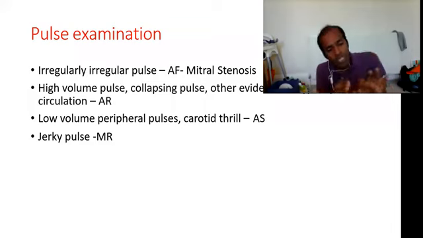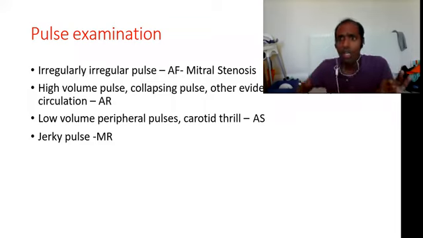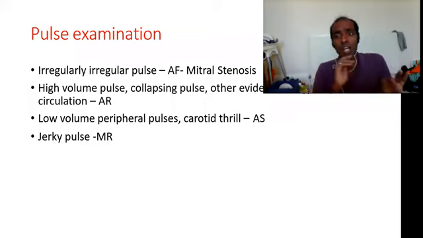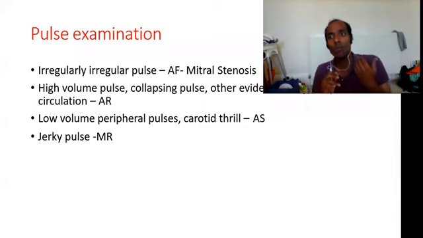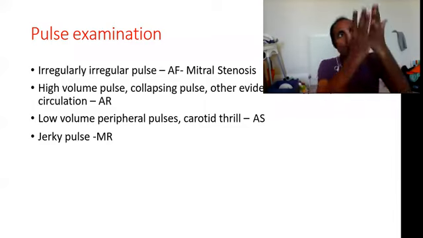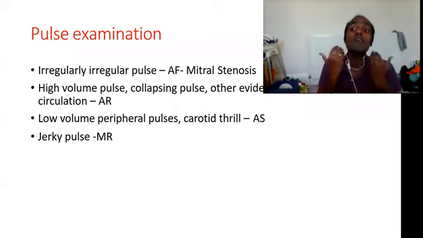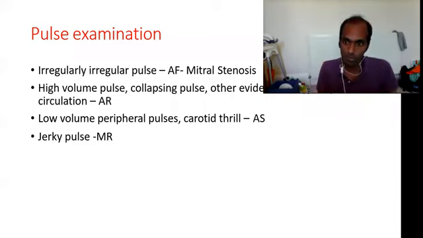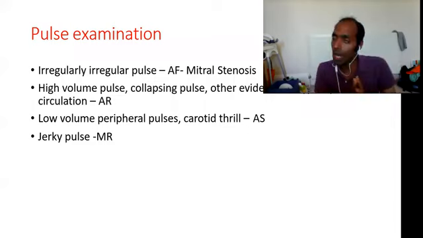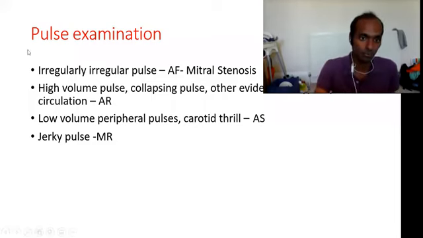In aortic stenosis, because the aortic valve is narrow, it's straining to push blood across it. So low volume pulses and a slow rising pulse. You might feel a thrill in the carotid artery. If it's a jerky pulse, that is also referred to as a high volume but non-collapsing pulse, probably it is mitral regurgitation.